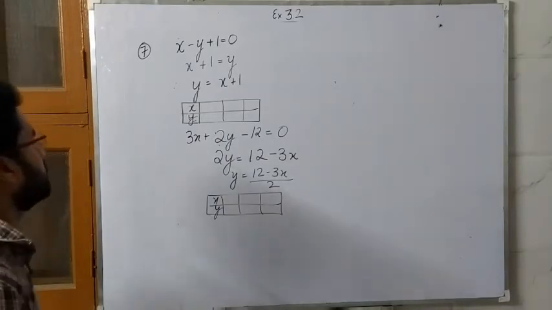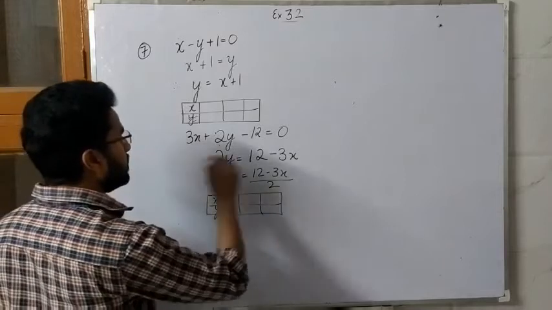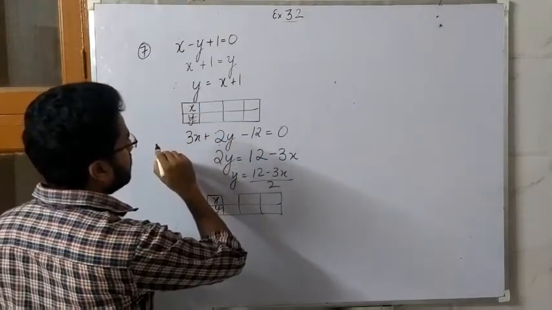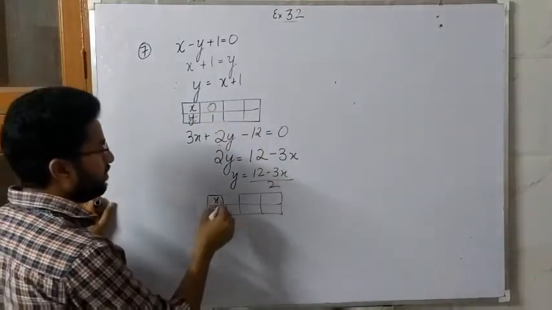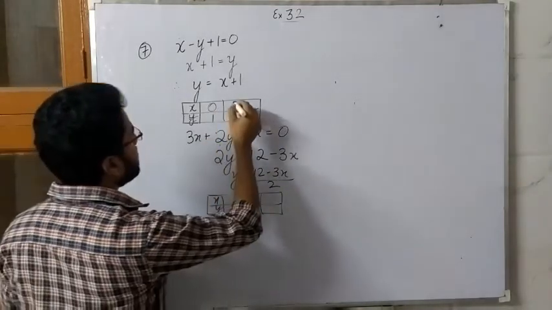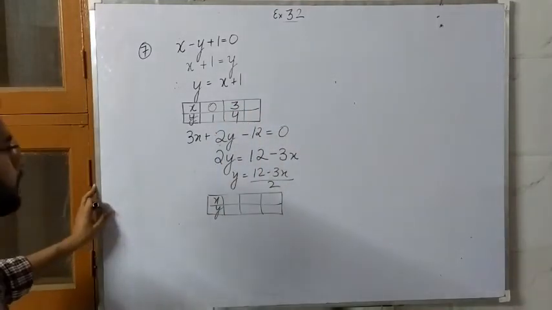Now what we will do, just put the values. When we put x equals 0, here we get 1, right? And if we put, let's say, the value as 3, then we get the value 4, right?